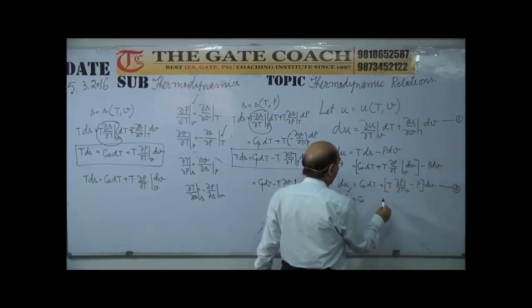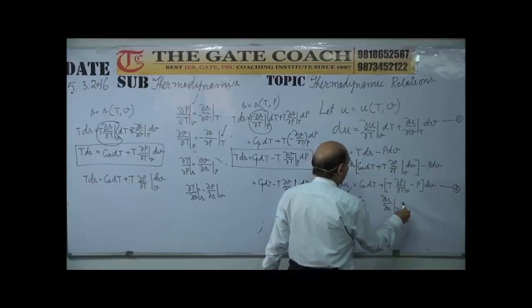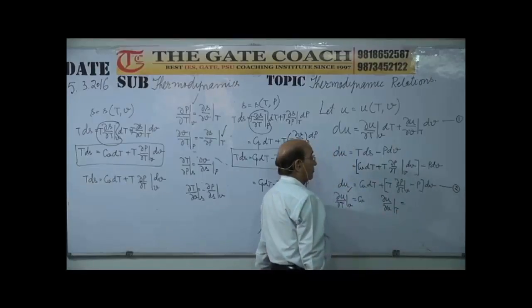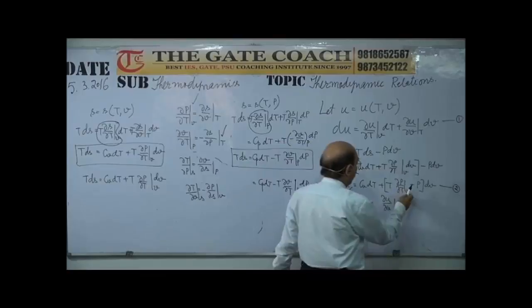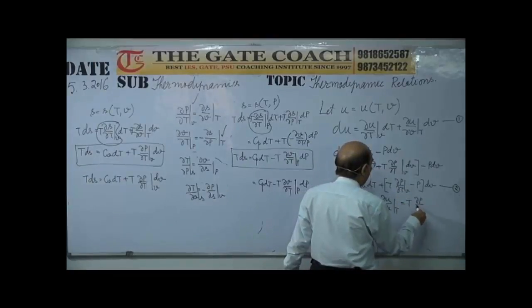Other term, del U by del V at constant temperature shall be T del P by del T at constant volume minus P.